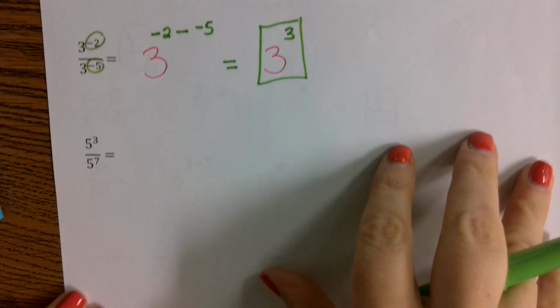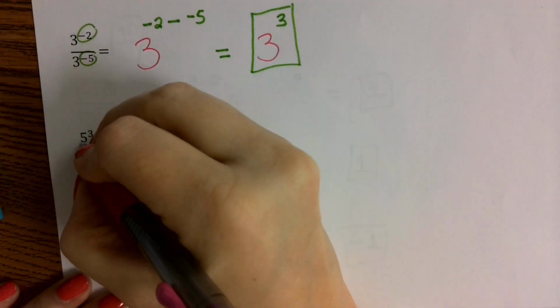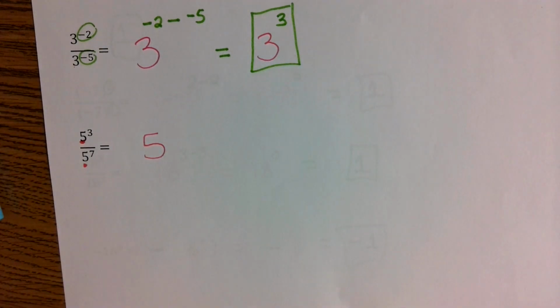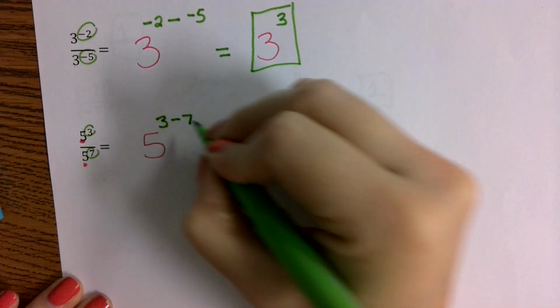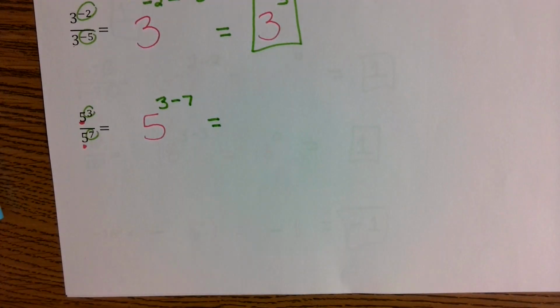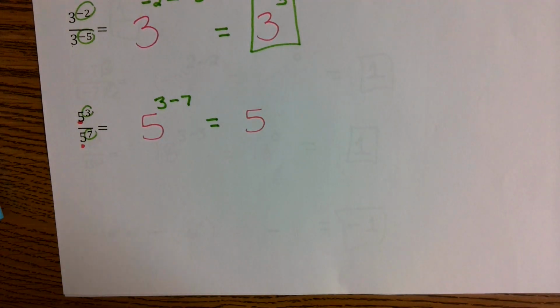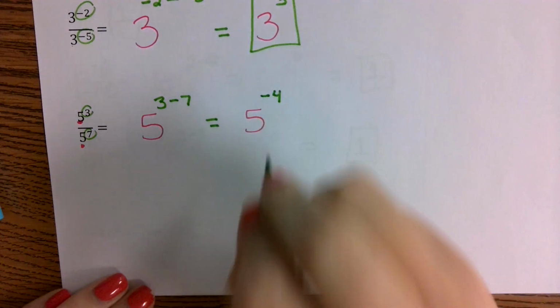Okay? Take a look at the next problem here. Our base was a 5. My exponents are 3 and 7. I need to subtract them because this was division. What's 3 minus 7? Negative 4. 3 minus the 7 gives us negative 4.